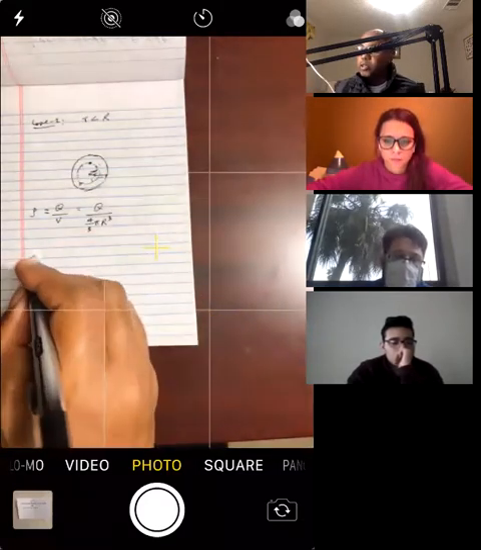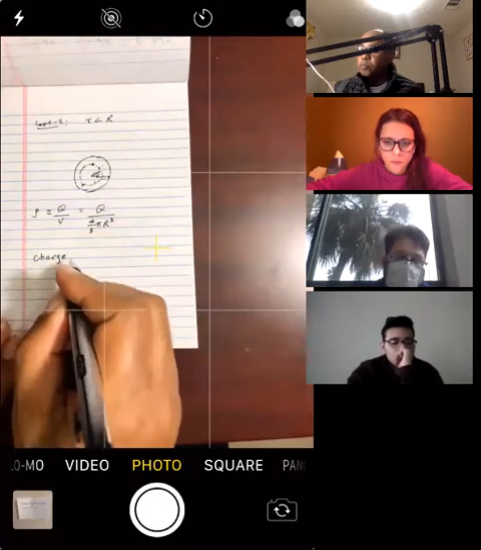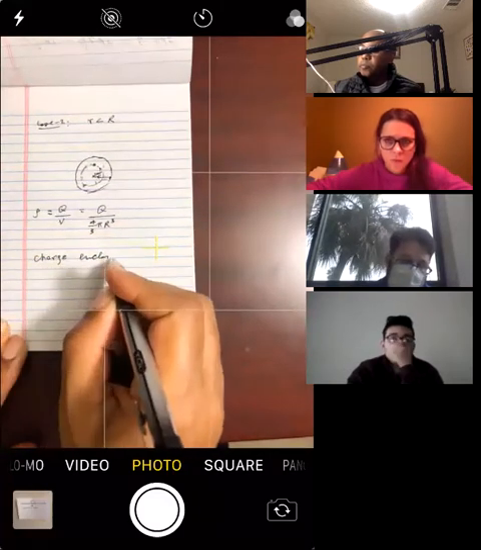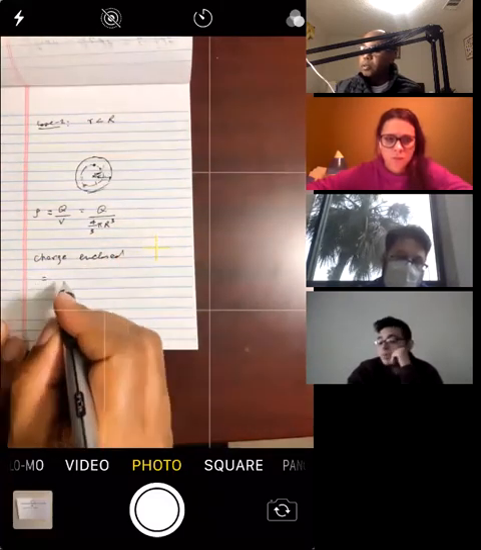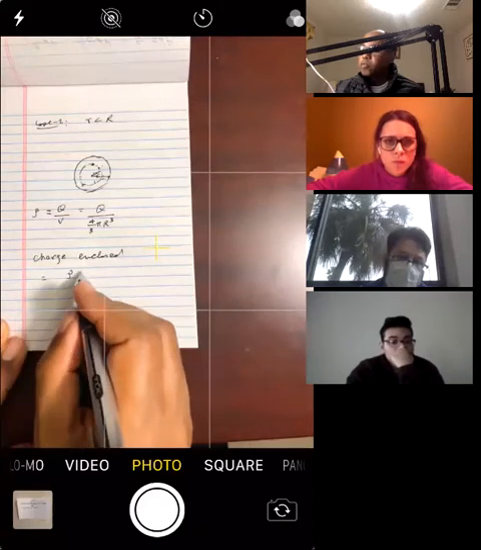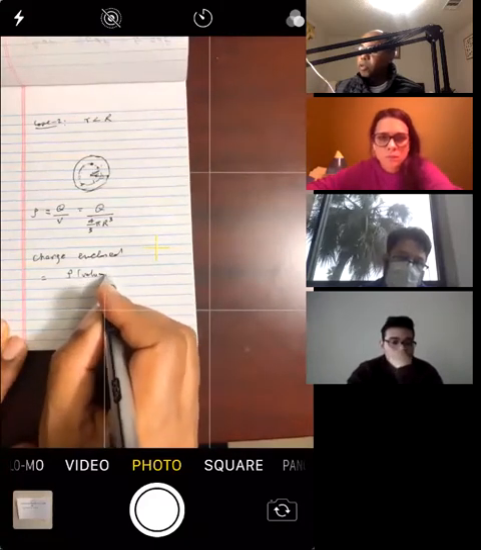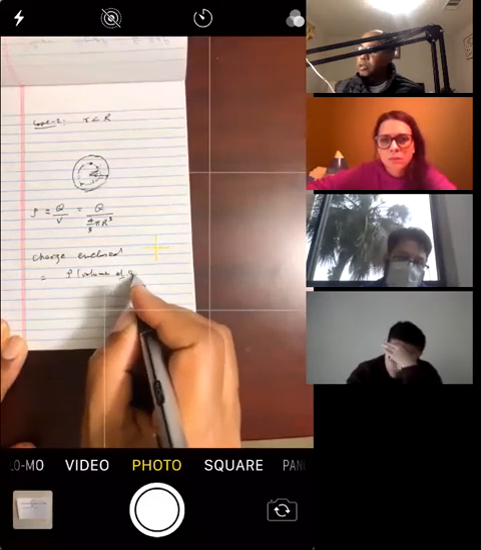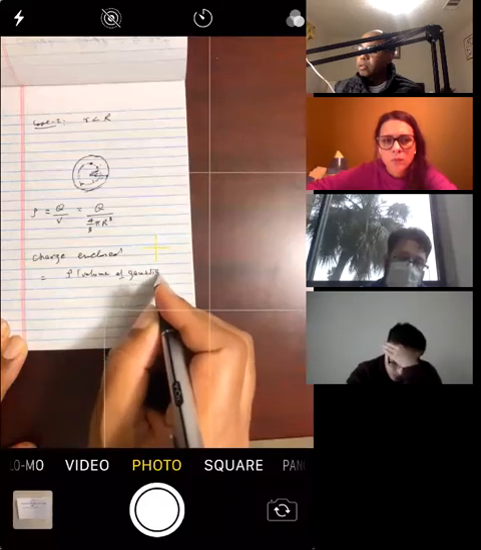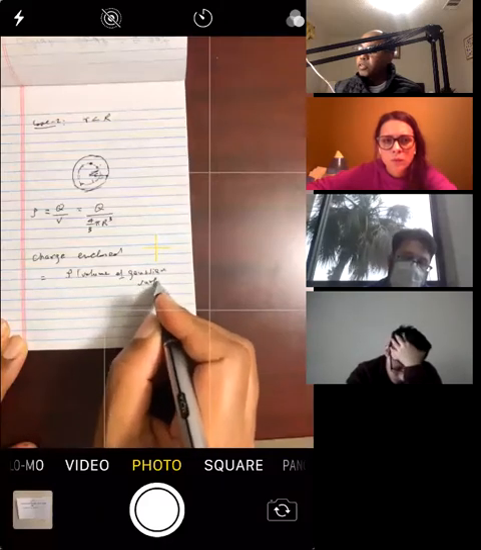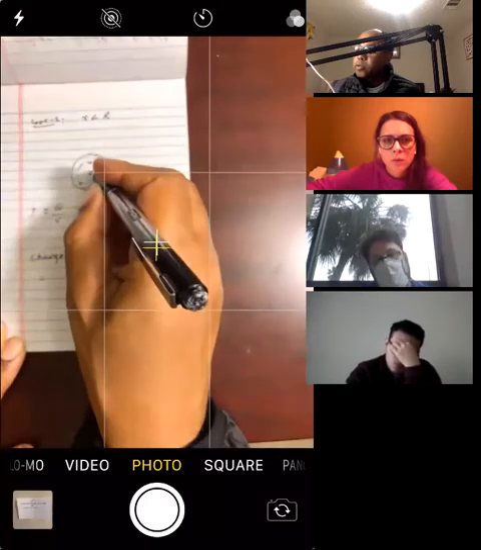So the charge enclosed in this case is going to be the density times the volume of the Gaussian surface. Remember, the radius of the Gaussian surface is r now. I'm talking about this over here, r.